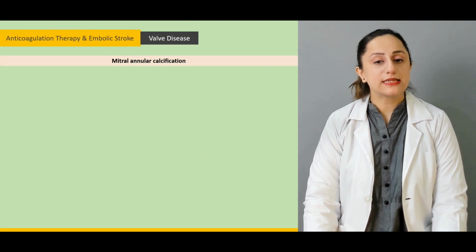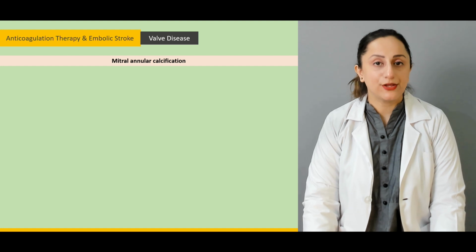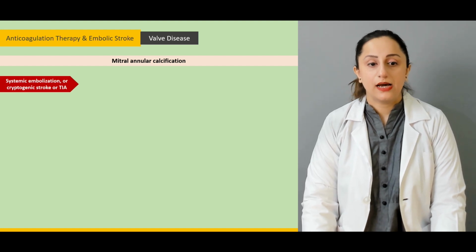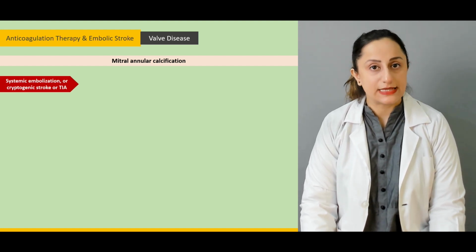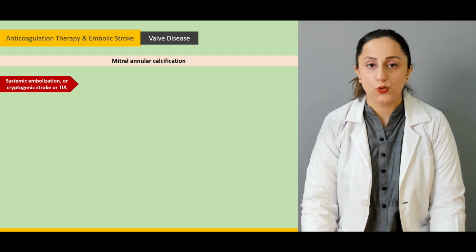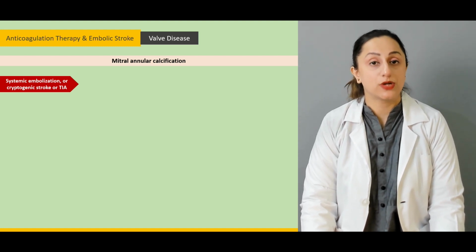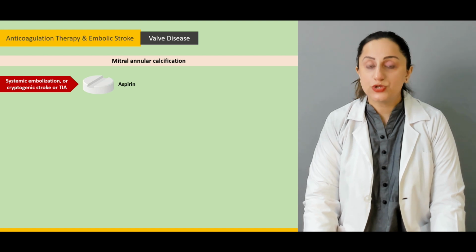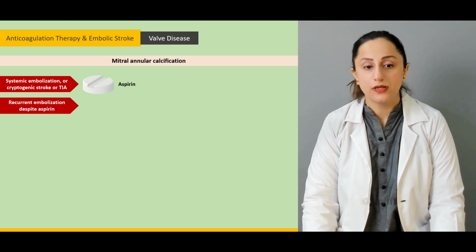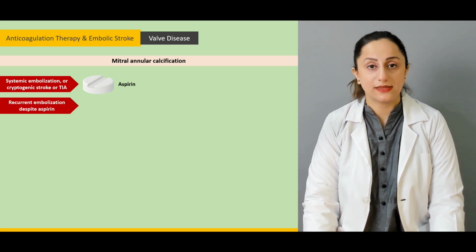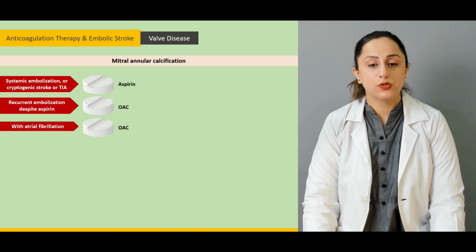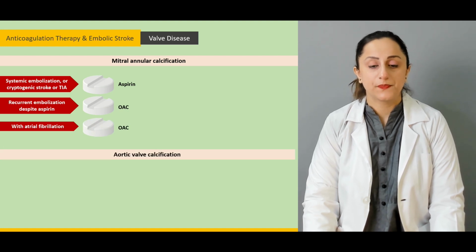Then, if the patient is suffering from mitral annular calcification, systemic embolization, cryptogenic stroke, or a transient ischemic attack, we usually prescribe an aspirin alone. Recurrent embolization despite the aspirin, we prescribe an oral anticoagulant along with that. With atrial fibrillation, we give an oral anticoagulant.